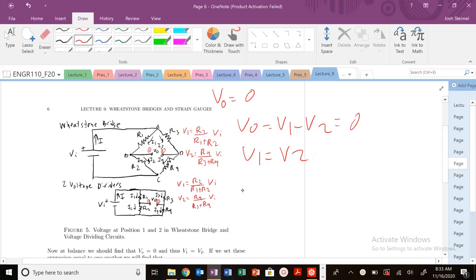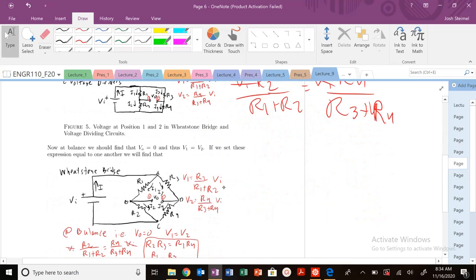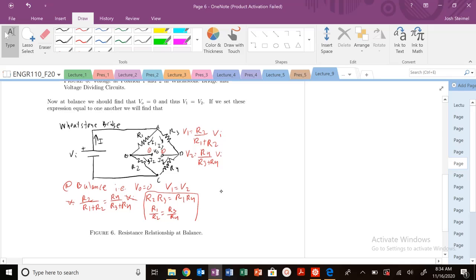If you write that out, you'll find that VI times R2 over R1 plus R2 is equal to VI times R4 over R3 plus R4. These cancel out, and once you run through the math you'll get R2 times R3 equals R1 times R4, or the ratio of R1 over R2 is equal to R3 over R4.